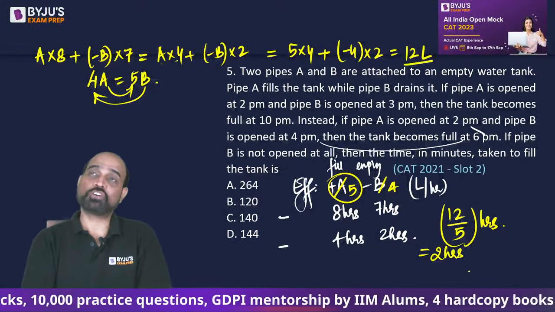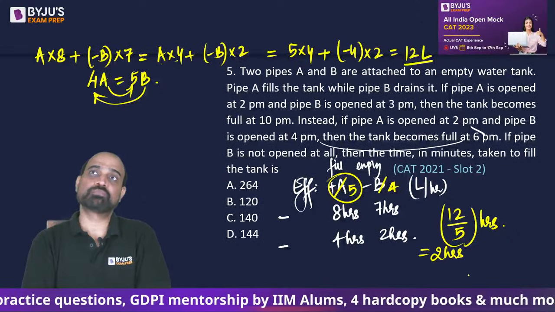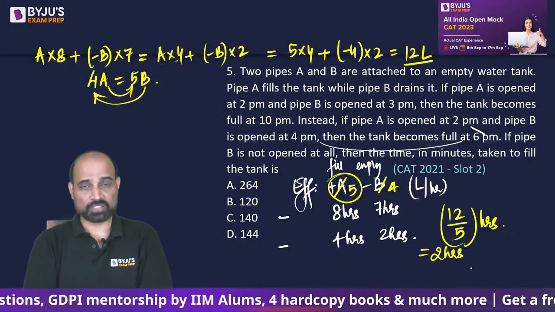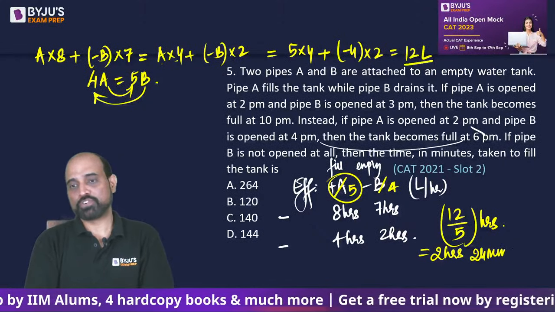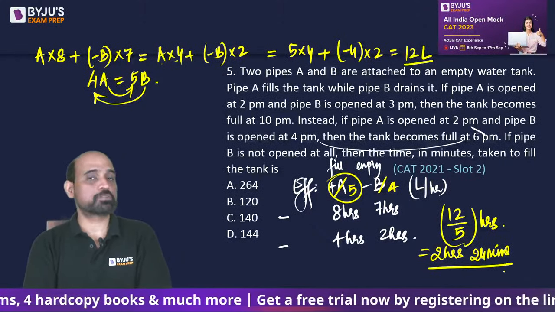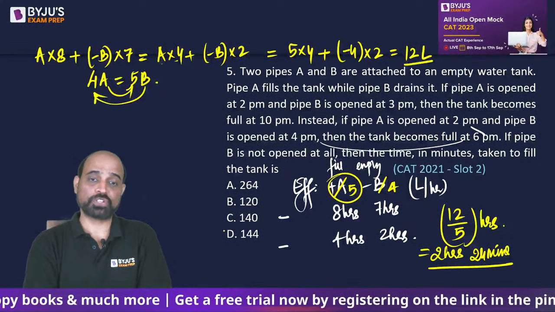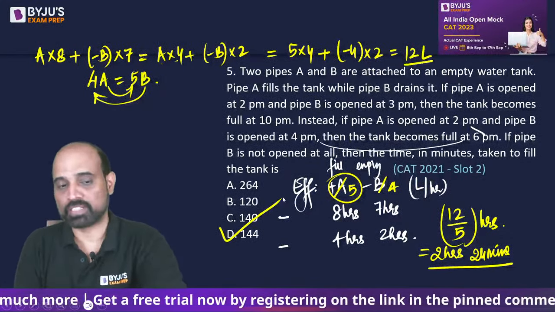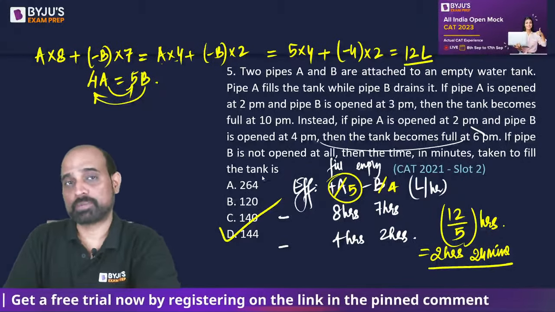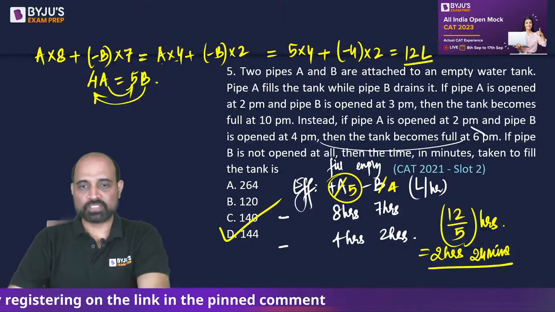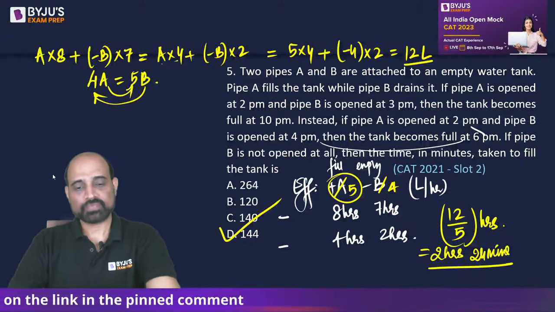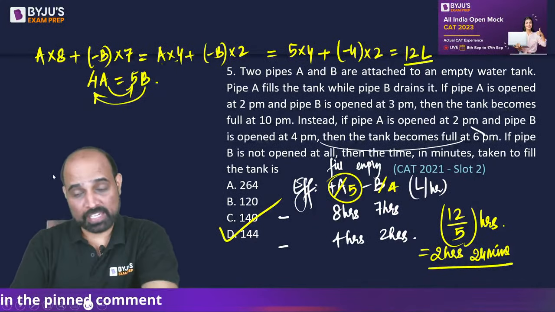Now 2/5 of an hour is going to be 24 minutes, 2 by 5 into 60. So 2 hours and 24 minutes, which is 120 minutes plus 24 minutes, which will result in 144 minutes. Right? So your answer will be D. They will take a total of 144 minutes when pipe A is only working.